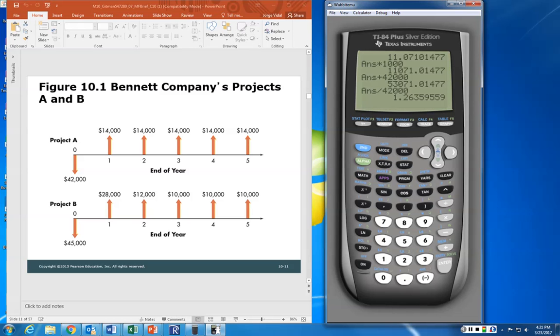To do IRR, Apps, Finance, and it's option 8 in my calculator. In this case, you follow the same syntax with the exception that you skip the rate.